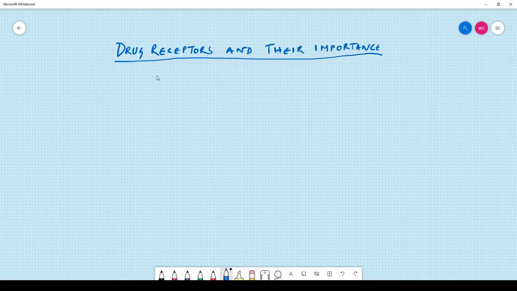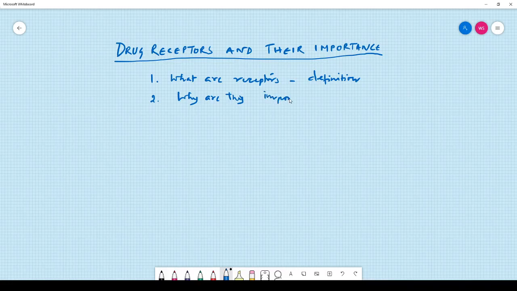In this presentation, we intend to cover what are receptors. We're going to look at the definition, why are they important, and how are they discovered.